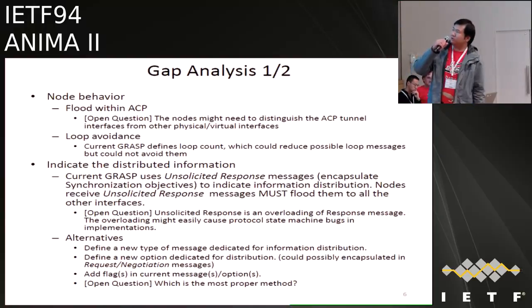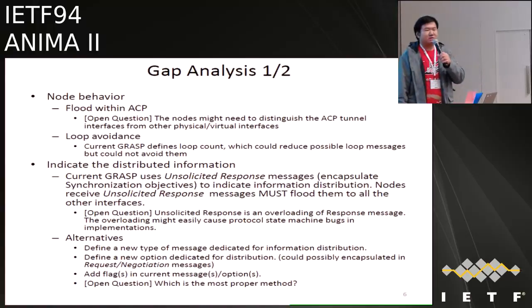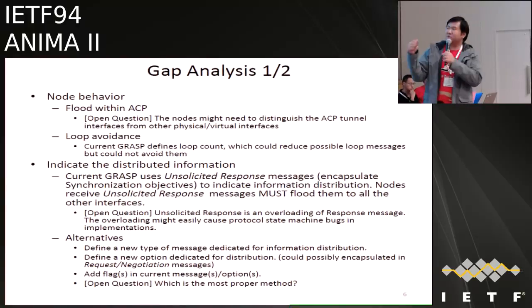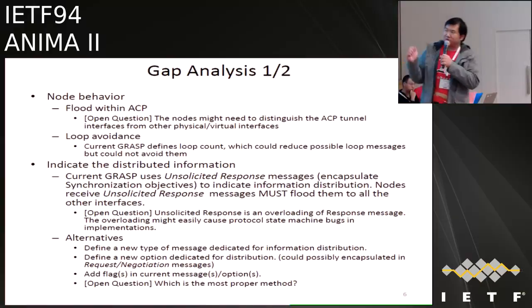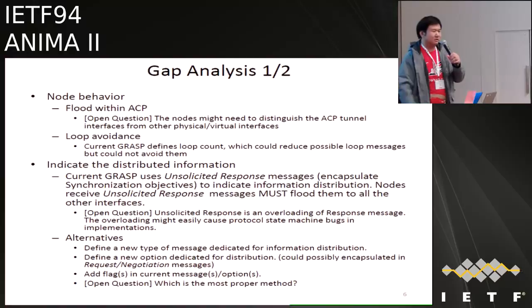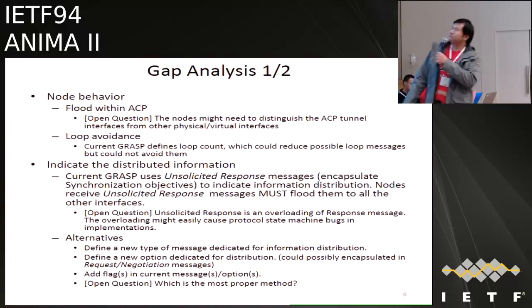And for the protocol indication, current GRASP uses an unsolicited response message. Once an autonomic node receives such a message, the message itself means the information carried in the unsolicited response needs to be flooded. So the message itself is a kind of indication.